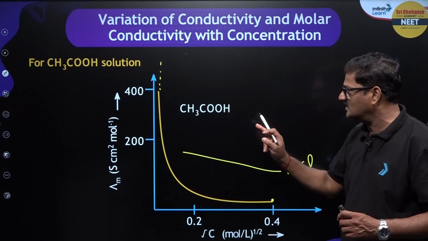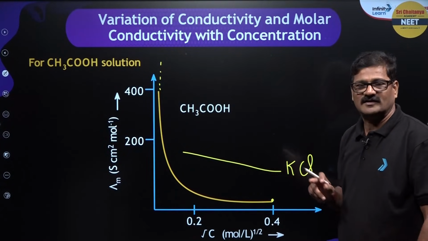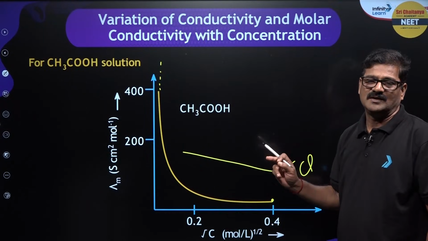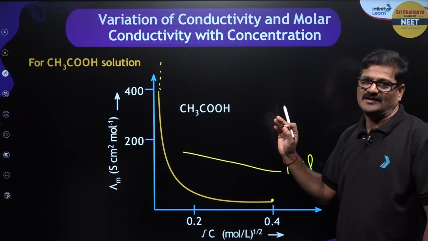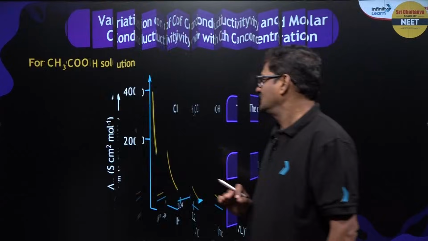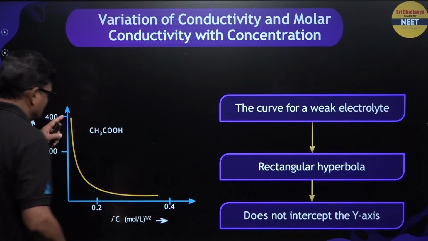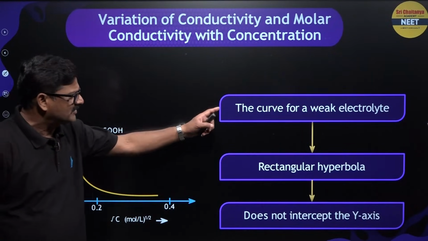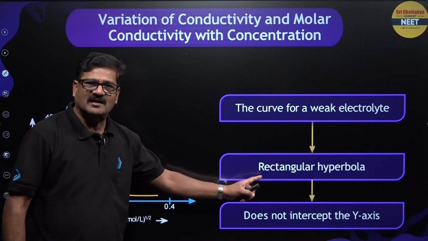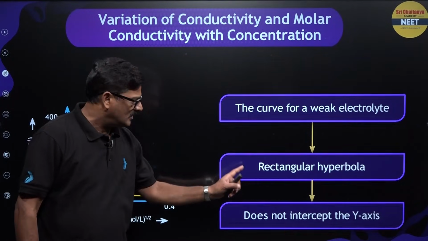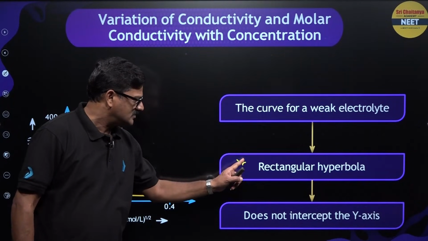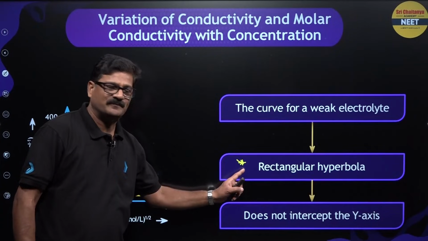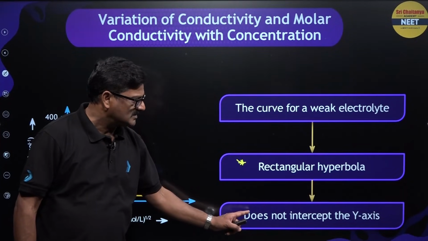That is the difference between a strong electrolyte and a weak electrolyte. The curve for the weak electrolyte is a rectangular hyperbola, and these terminologies are very important for the NEET examination, and it does not intercept the y-axis.